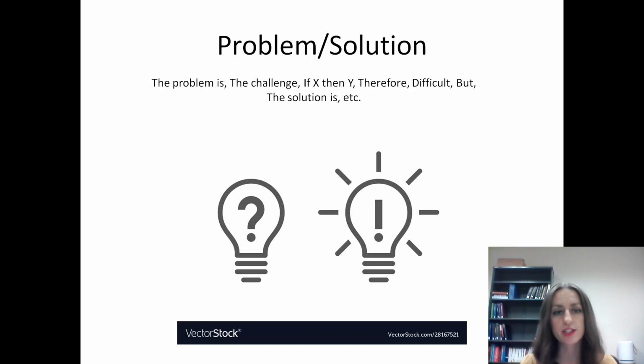So keywords for this rhetorical move are the problem is, the challenge, if X then Y, which was also mentioned in cause and effect, therefore, difficult, but the solution is, etc. So this makes an implicit appeal to the audience about how things should be, aims to persuade them that something isn't right and that it should or could be made right. Right? That's how problem solution is working. So lots of appeals to logos so far.